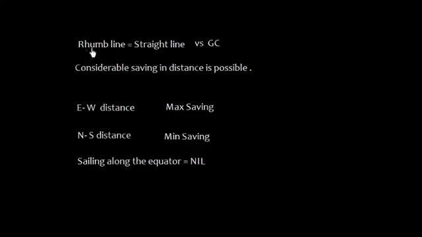The rhumb line distance, which is also called a straight line, and the great circle distance have some difference, and we can have a considerable saving since the great circle distance is the shortest distance, especially in the east-west direction. In the east-west direction, we can have maximum saving.